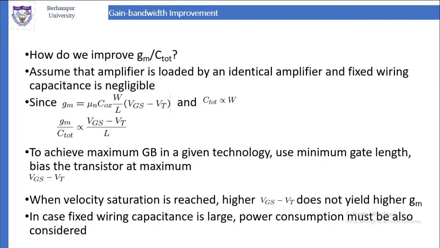Why is it proportional to VGS minus VT by L? What happens to the other parts?